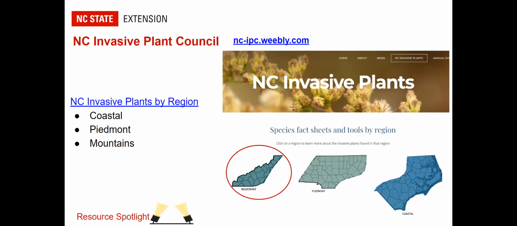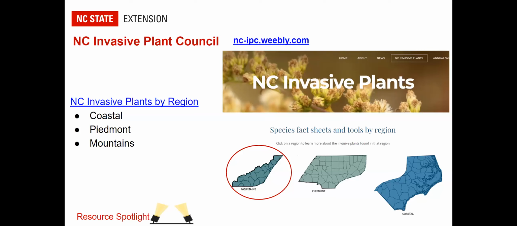Their goal is to be an organized structure for invasive plant awareness, detection, and management. What I thought was neat was that members include public gardens, conservation organizations, governments, even the nursery and landscape industry. So there are a lot of contributors to this process, and that is encouraging as we all try to tackle these things together.